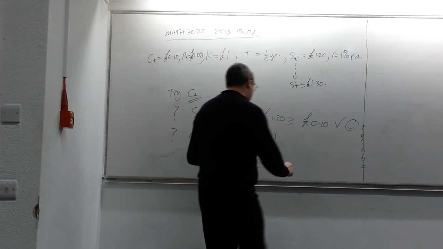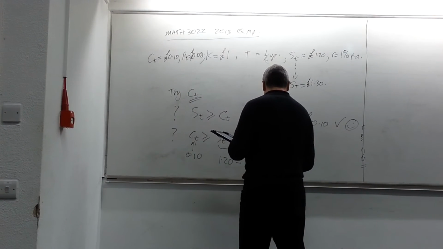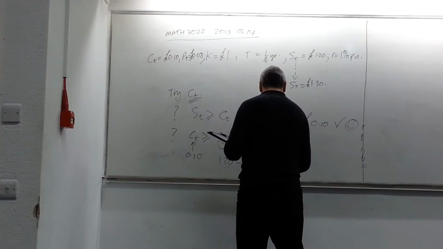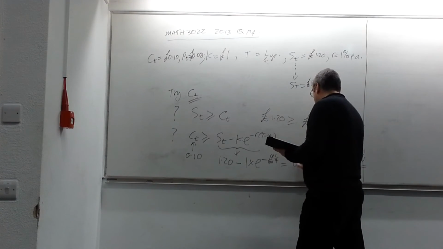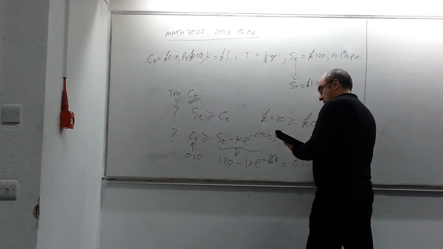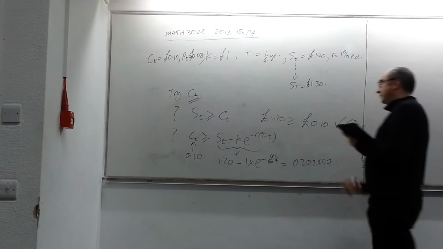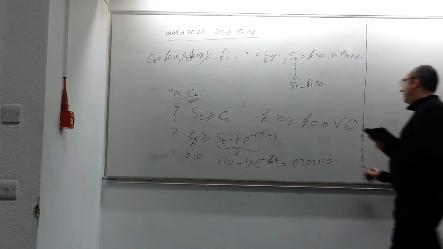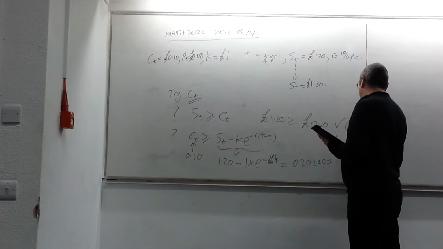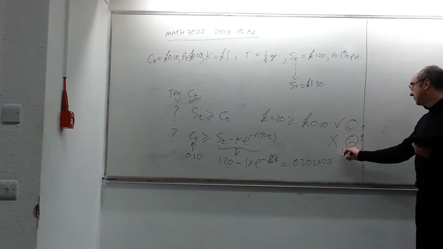Okay? Well, if you want me to do it explicitly, it's 1 over 100 times 1 quarter, which then equals 0.202497. So therefore, in this case, the right-hand side turns out to be bigger than the left-hand side. So that's not true. So we've got an arbitrage.